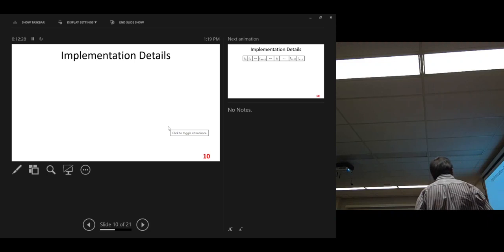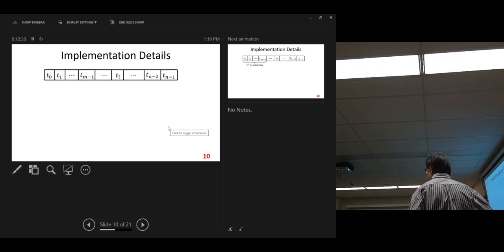Next, implementation details. Now, we want to do comparison, one by one, substring comparison, one after another. Oh, by the way, last time we talked about the left shift and right shift operations.